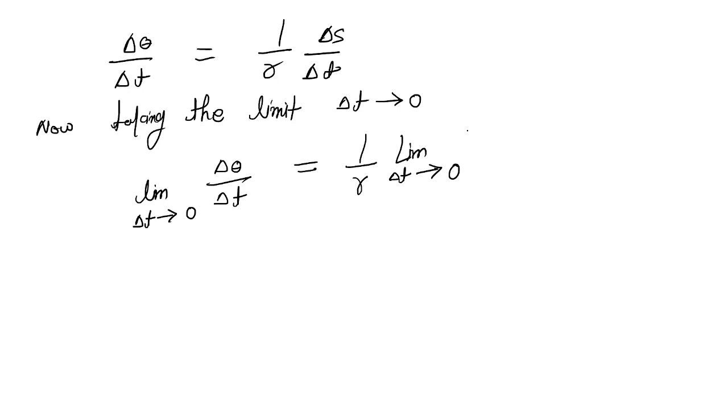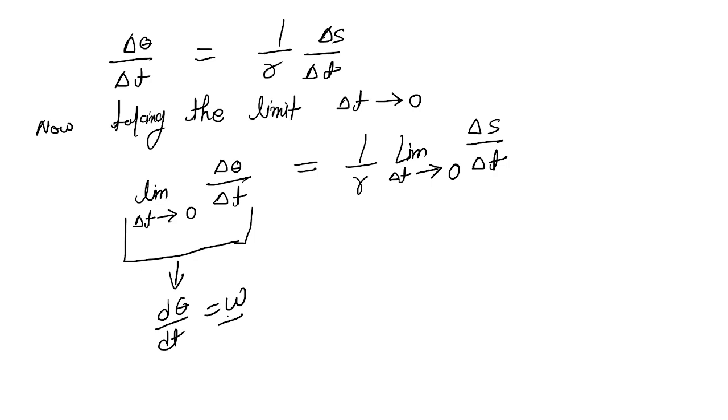Here the limit of delta theta over delta t is d theta over dt, equal to omega, meaning instantaneous angular velocity. And the limit of delta s over delta t is the instantaneous linear velocity, so this comes out as ds over dt is equal to v.